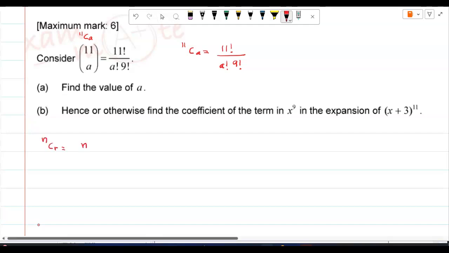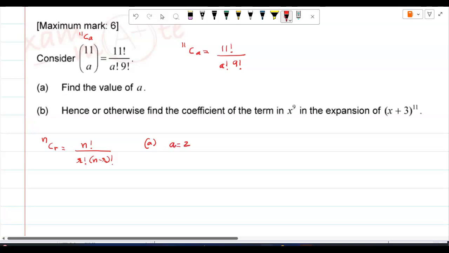NCR is n factorial upon R factorial, n minus R factorial. Now, what do these two add up to? These two add up to n. So if this is 9 and this is A factorial, what should A be? 2.